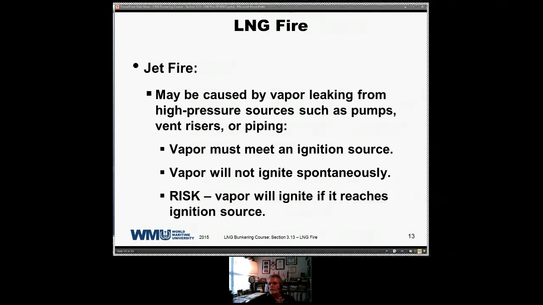In this particular case, they just closed the valve to the vent riser, and the fire was extinguished. So you can get a fire in this type of scenario. The vapor must meet an ignition source, and the vapor doesn't ignite spontaneously because the ignition temperature is very, very high. You meet a source of ignition, you can have fire. Vapor will ignite again if it meets an ignition source.